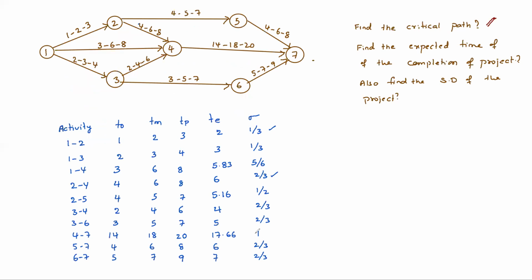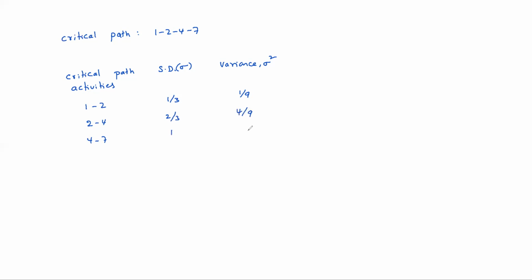For the 4, 7 activity, 1 is the standard deviation, and the variance is also 1. So the sum of sigma square is 1 by 9 plus 4 by 9 plus 1, which is 5 by 9 plus 1, that is 14 by 9. 14 by 9 is the variance of the project.